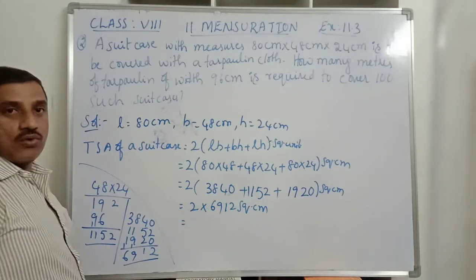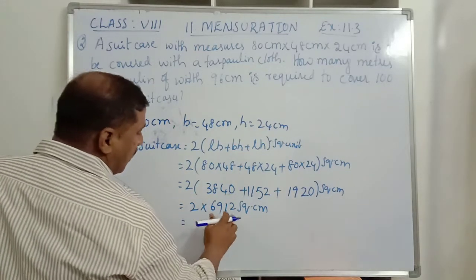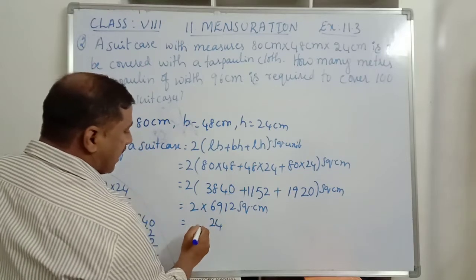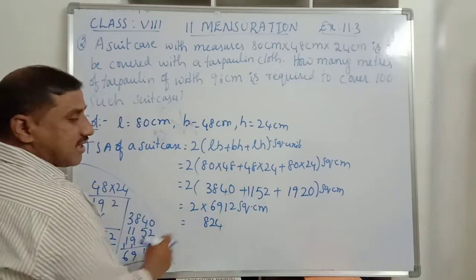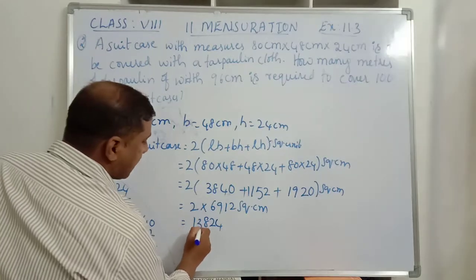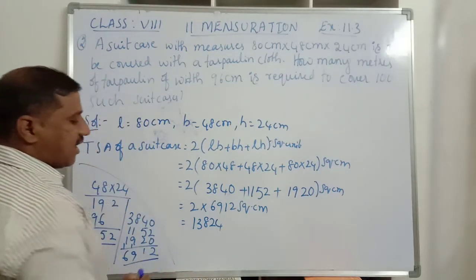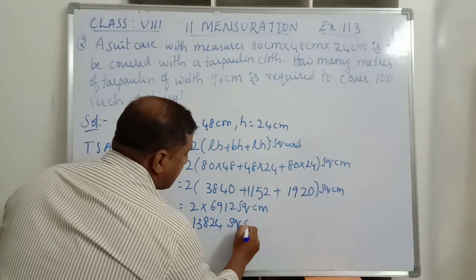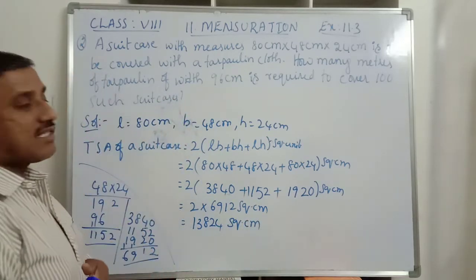Multiplying with 2, we get 13,824 square centimeters. This is for one suitcase.